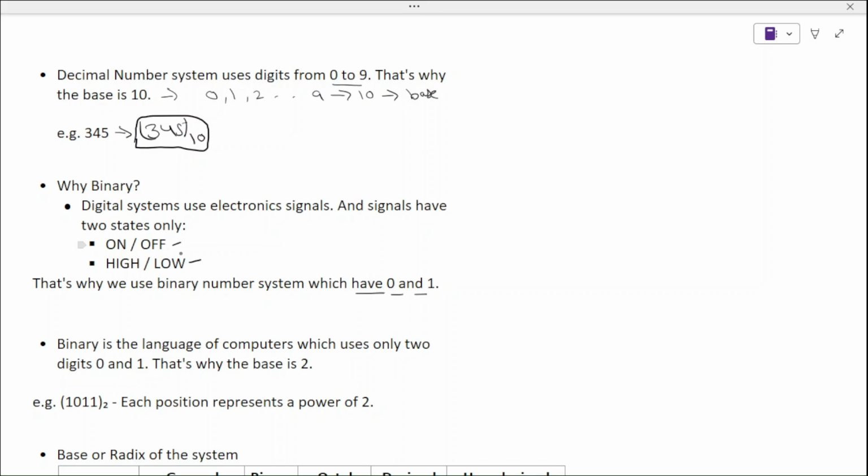So 0 refers to low or off, 1 refers to high or on. Okay, so binary is the language of computer which uses only two digits, 0 and 1. That's why the base is 2. So the base of binary number system, BNS, is 2. The unique digits in this number system are 0 and 1.